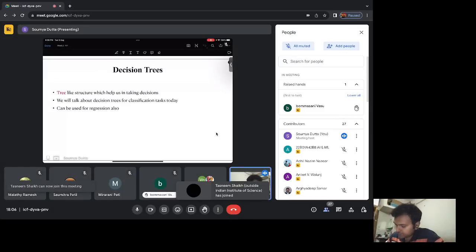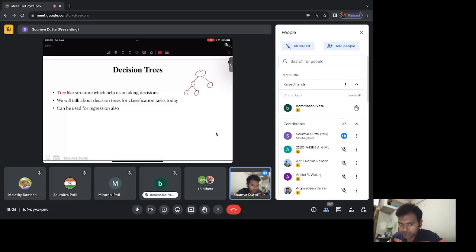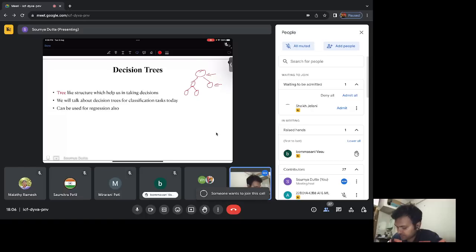So decision trees. The main concept of decision trees comes from the fact that it's a tree-like structure. You must have seen that in the lecture itself. Decision trees are called so because at every one of these points we take a decision, and they branch out, and therefore the name decision trees.